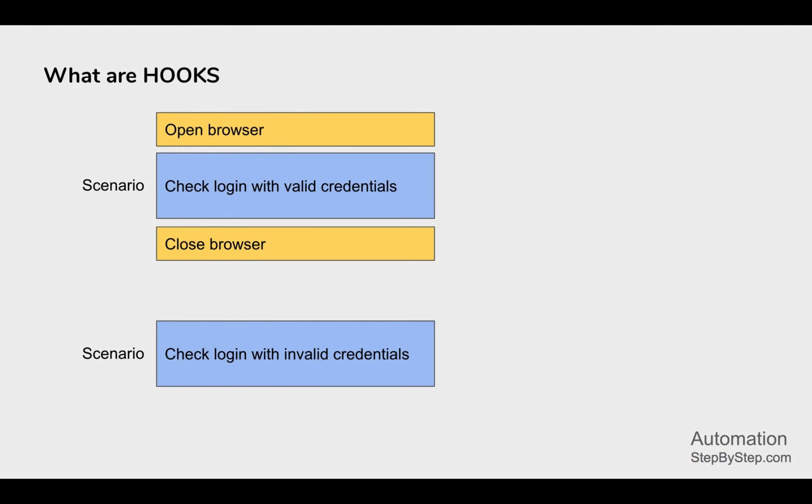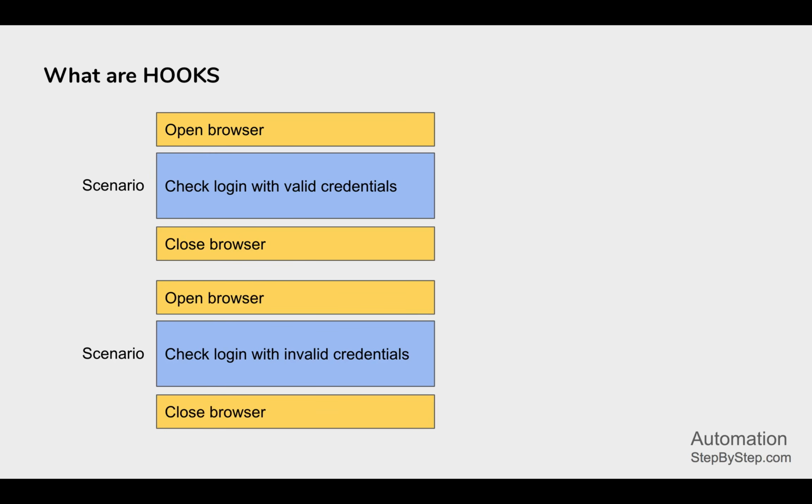Suppose we have another scenario to check login with invalid credentials. Even before these login steps we have to open the browser and then we have to close the browser. So whenever you have common steps like setup and tear down steps that you need to run with every scenario, you will either have to code them within the steps and add them as steps of the scenario.